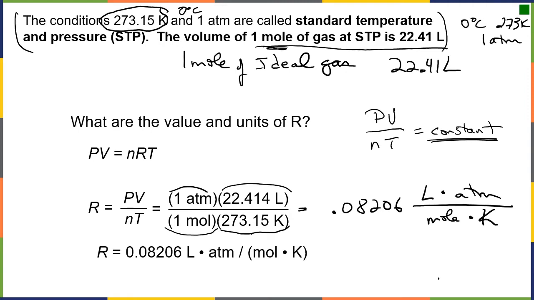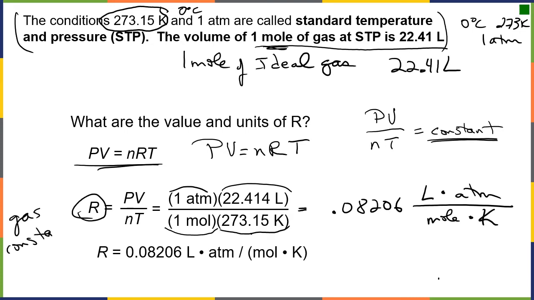So anytime we're using the ideal gas law, which, by the way, is PV equal to nRT, where R is our gas constant, it'll be given on your equation sheet. And if we have this PV equals nRT, what we can do is if we're given 3 variables, R is a constant, we could solve for the 4th one. And this set of units, liters, atmospheres, mole, Kelvin, is going to fix the value of R to be 0.08206.